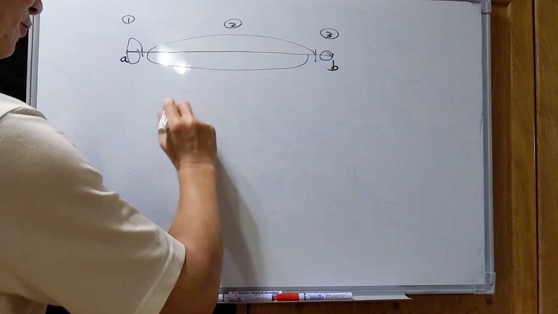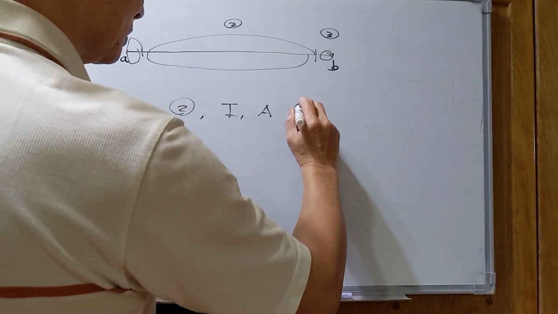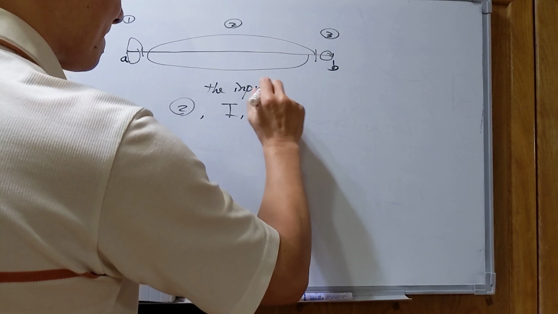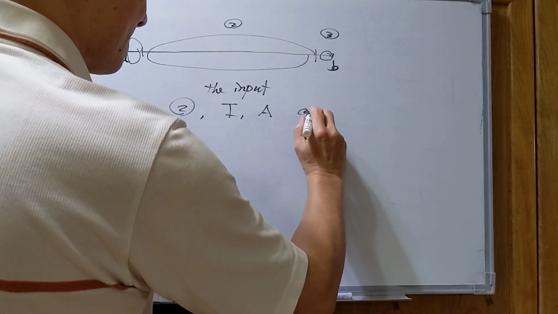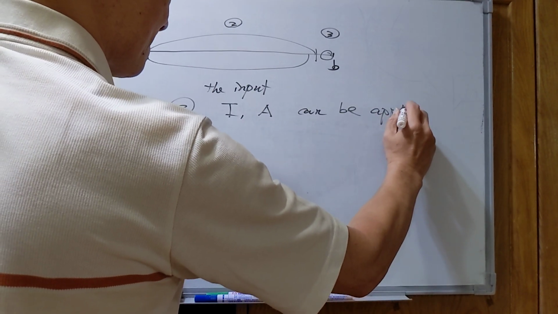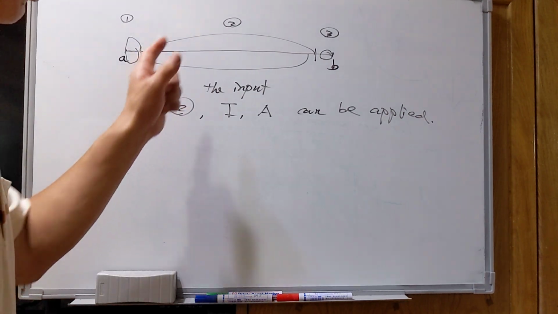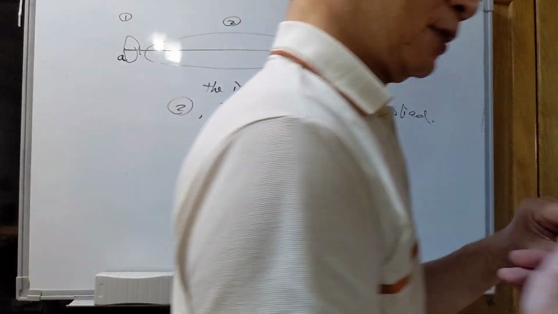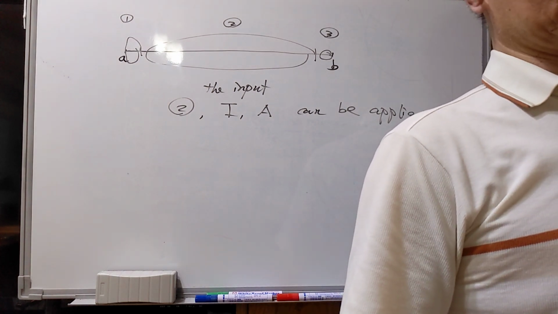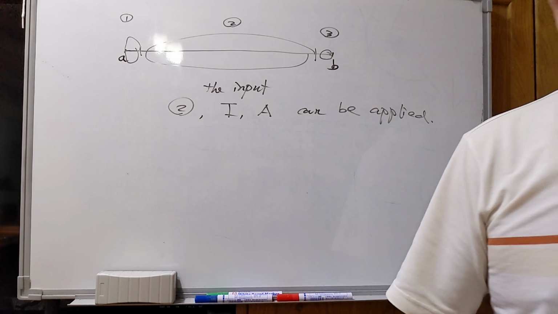For the second part, we have the input I and the A. So usually we require the users to input the second part of the sectional properties, like the moment of inertia or the sectional area.